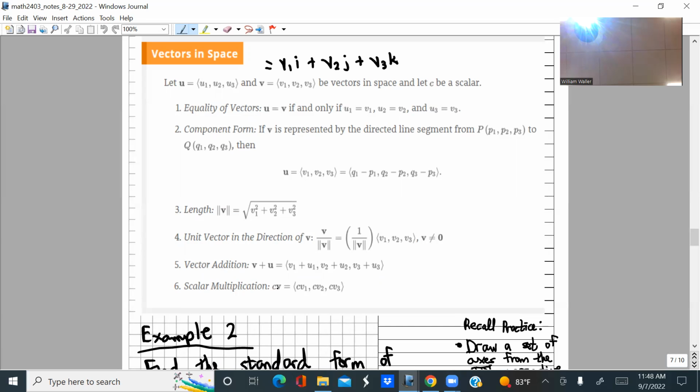They put the vector in bold and leave the number in italics to make it clear that these are not the same sort of creatures. This is a number, and this is a vector.